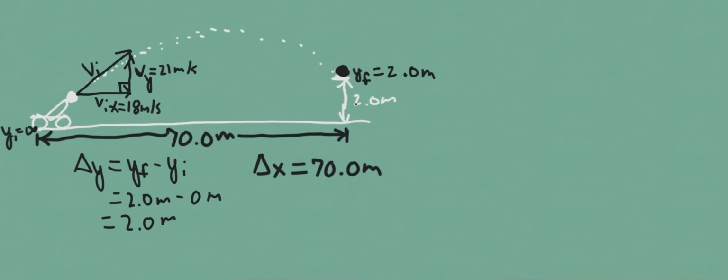So I'll use everything in the horizontal direction represented with an x, and everything in the vertical direction I'll represent with a y. Now, the question asked for the final velocity. So the final velocity vector will be downward. Let's use black again.